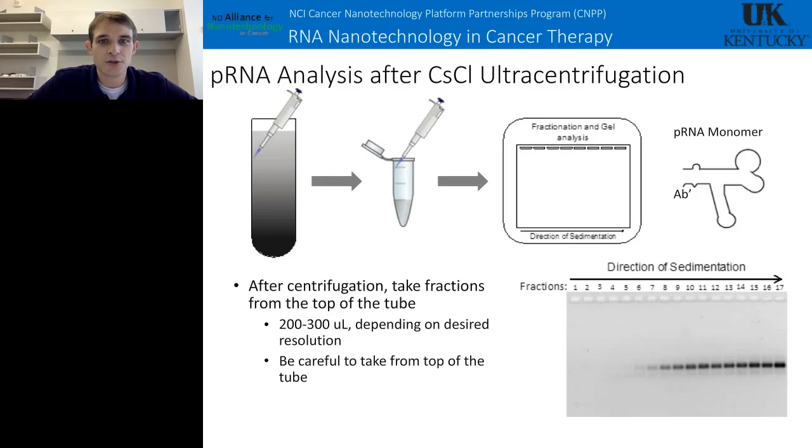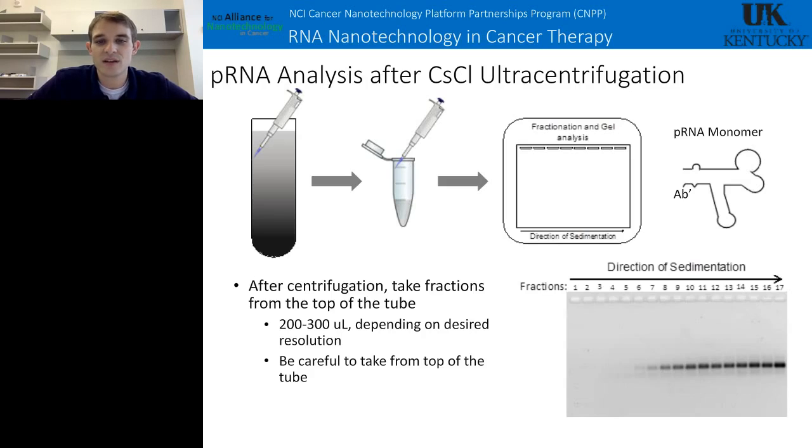Then you can run a quick agarose gel, or you could try to do absorbance measurements. However, your nucleotides will also absorb, so it's best to do some type of gel analysis, here with ethidium bromide staining.